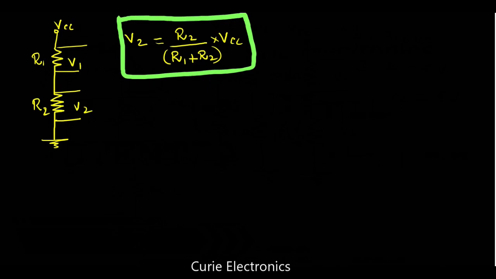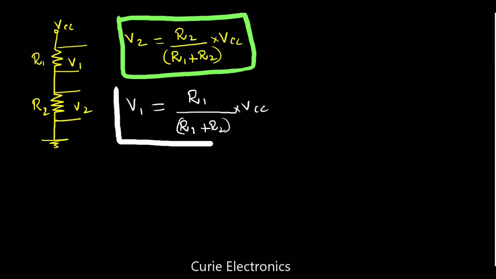Similarly, if you want to find the value of V1, V1 equals R1 upon the sum of the 2 resistors, that is R1 plus R2, multiplied by VCC. So using this equation, we can directly apply the values and find out the voltage drop. Now let's try to derive this equation.